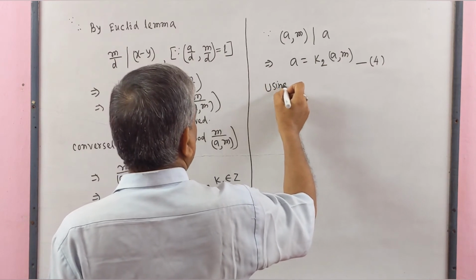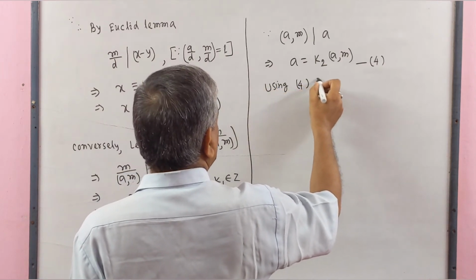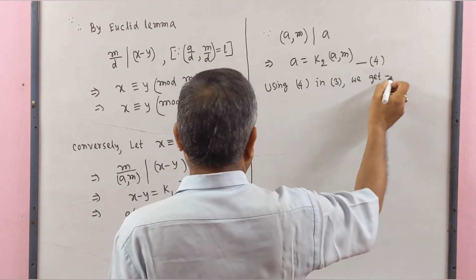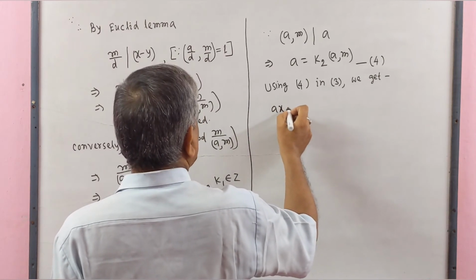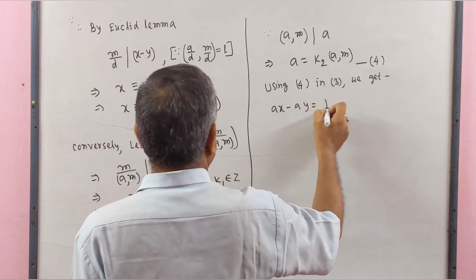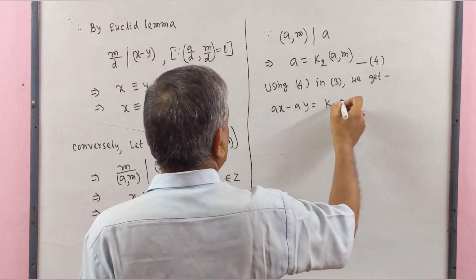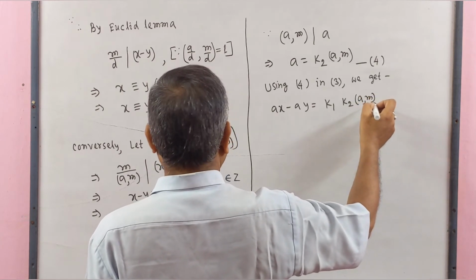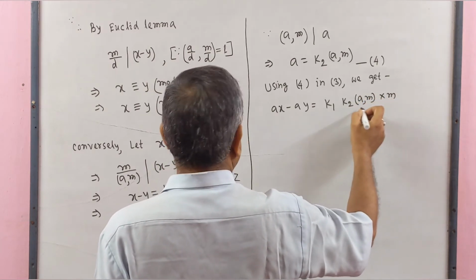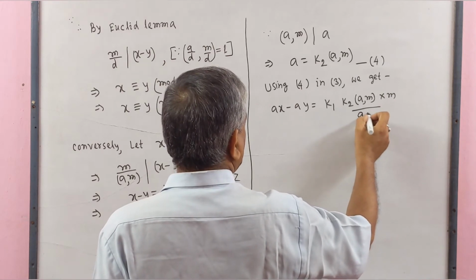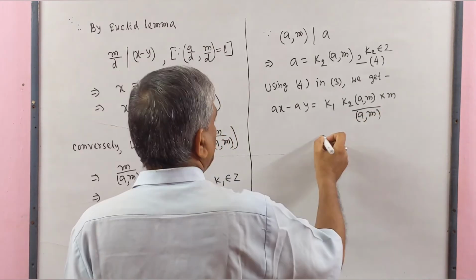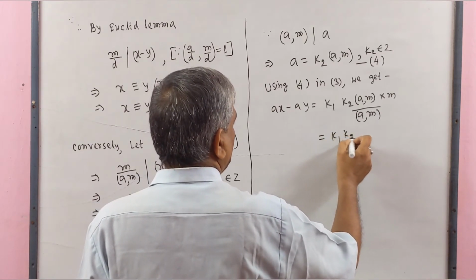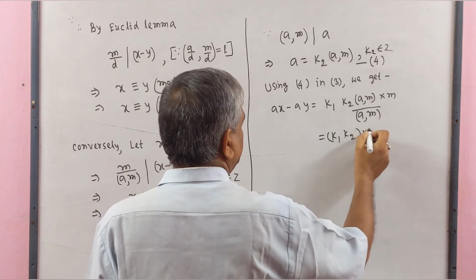Using 4 in 3, we get ax minus ay equal to k1 multiply k2 GCD of a and m multiply m by GCD of a and m, equal to k1 k2 multiply m.